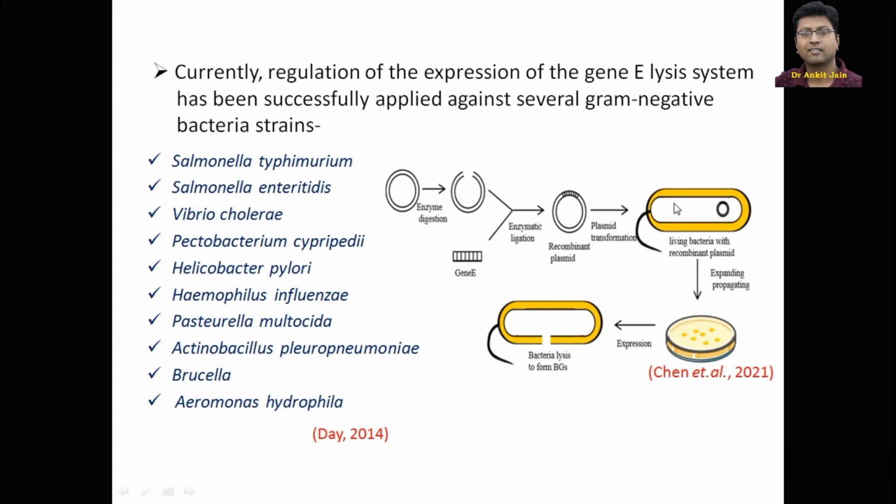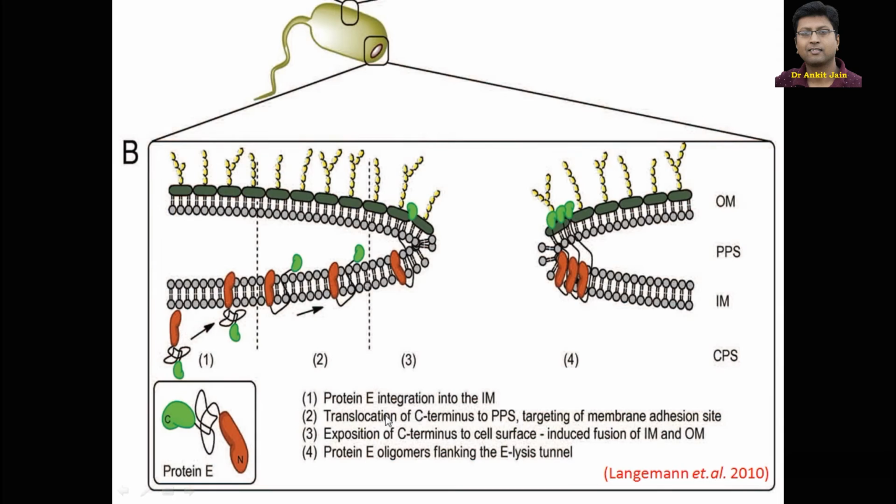Currently, this gene E lysis system is used mainly in gram-negative bacteria, and the ghost platform is only prepared from gram-negative bacteria. These are the gram-negative bacteria under research: Salmonella typhimurium, Salmonella enteritidis, Vibrio cholerae, Helicobacter pylori, Haemophilus influenzae, Pasteurella multocida, Actinobacillus pleuropneumoniae, Brucella, and Aeromonas hydrophila.